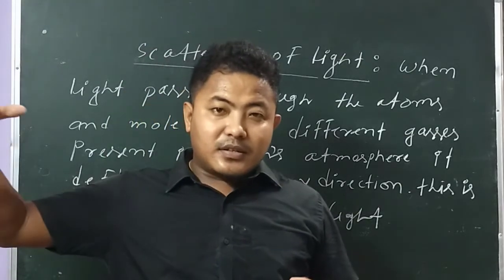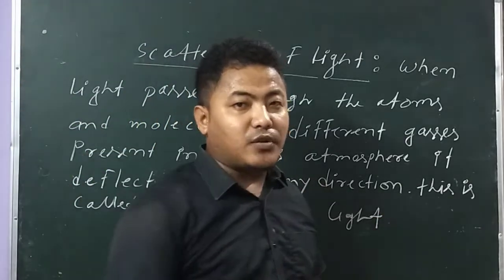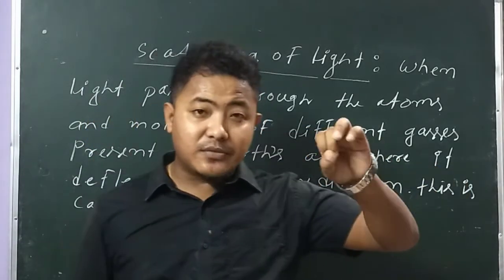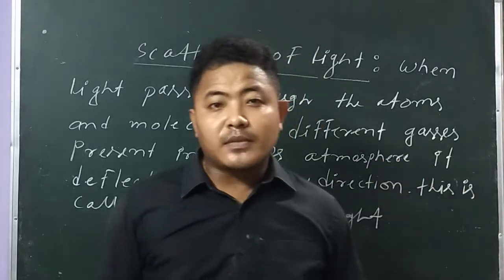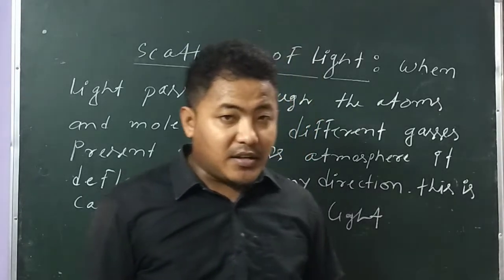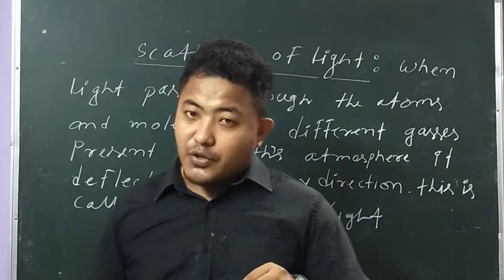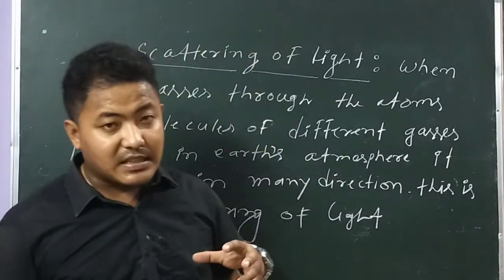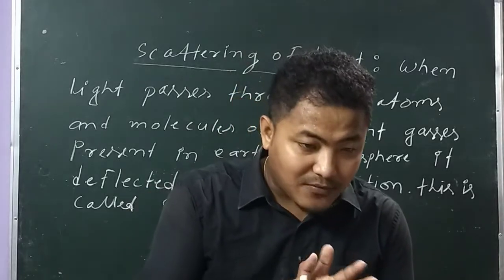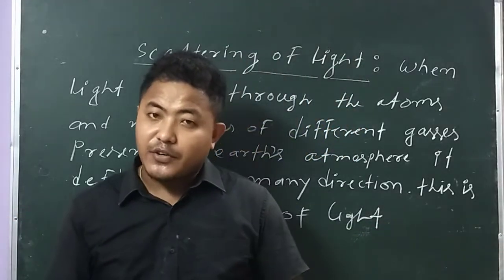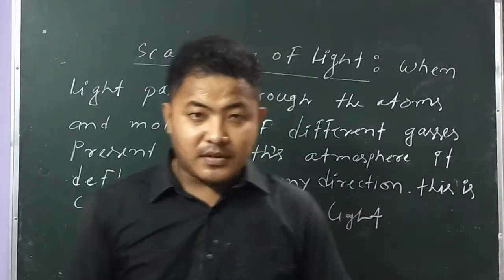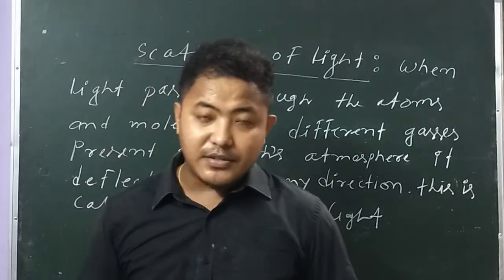When the sunlight passes through the Earth's atmosphere, it strikes different types of atoms and molecules present there. Am I clear? Once it strikes those atoms and molecules, it gets deflected in different directions. This phenomenon is simply called scattering of light.